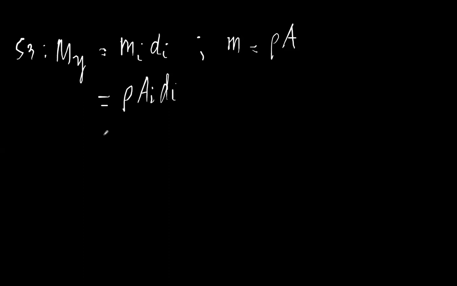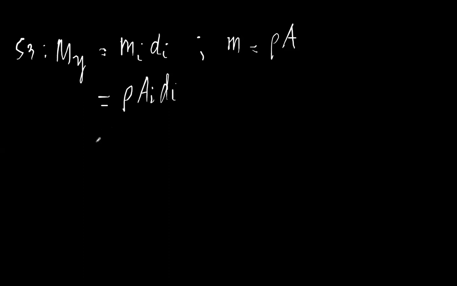All right, again, the formula for the moment is the mass times the distance of the point from the origin, or from the y-axis in this case. And we know that mass is equal to rho times the area. So our moment about the y-axis is equal to rho, area sub i, and the distance x sub i.